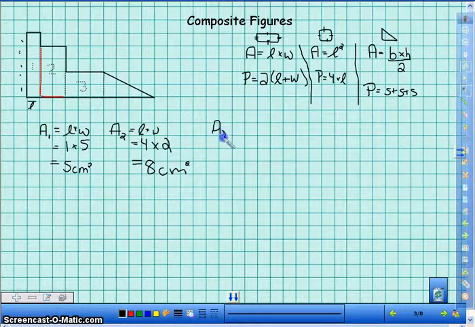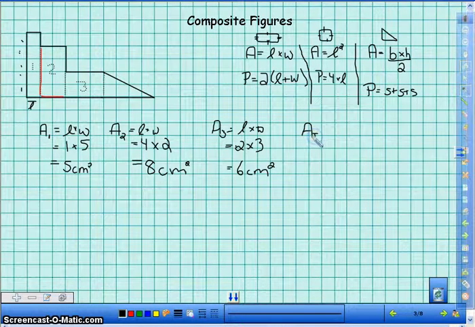Rectangle 3 is length times width, and our length of 2, width of 3. And multiplication of 2 items is what we call commutative, whether we did 2 times 3 or 3 times 2, it would both be 6 centimeters squared. And now our area of our triangle.